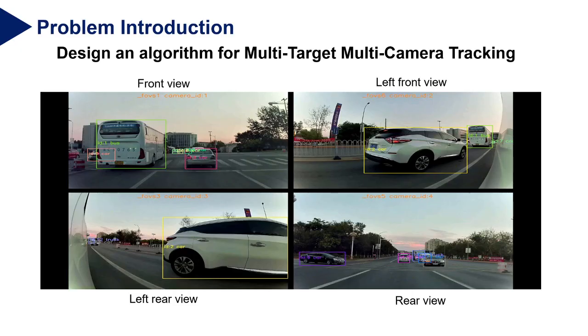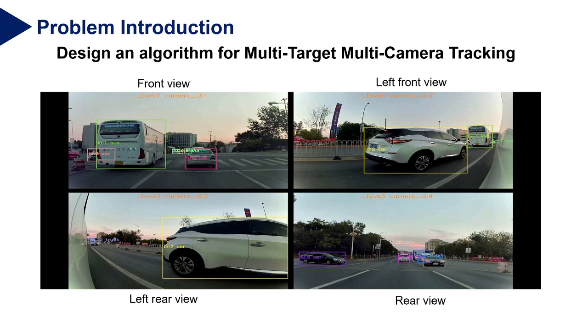First of all, let's introduce this problem. This problem is to design algorithms to track multiple targets in multiple cameras. That is, multiple camera, multiple target tracking, so it's called MTMC.